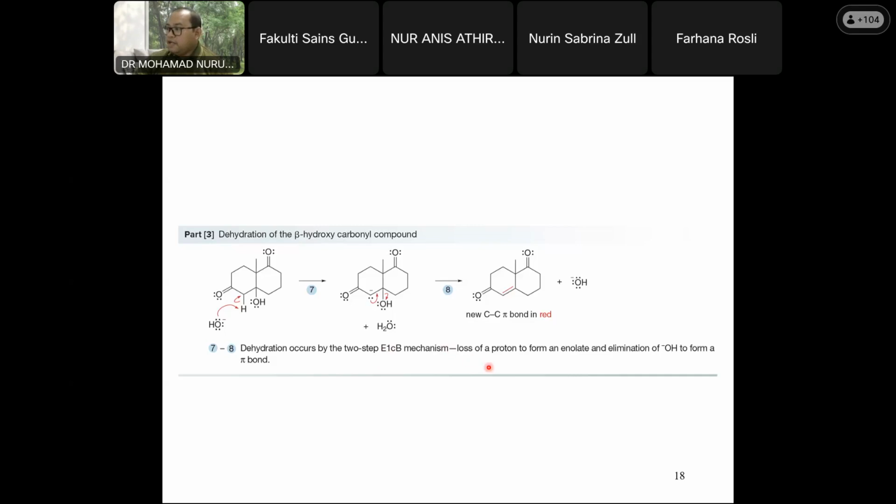During that time, there is loss of a proton to form the enolate, and elimination of OH forms a pi bond. So in this mechanism, they form 3 bonds, 2 sigma bonds and 1 pi bond. They form the first sigma bond by the Michael reaction, the second sigma bond by the aldol reaction, and last, during the dehydration, they give you another pi bond.